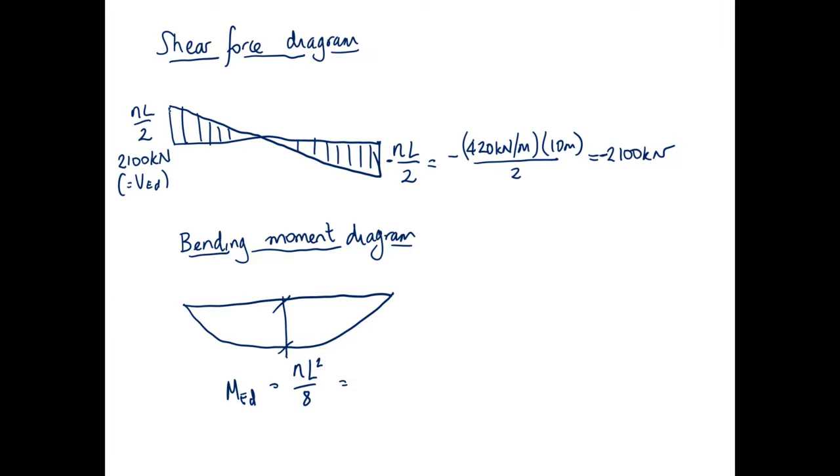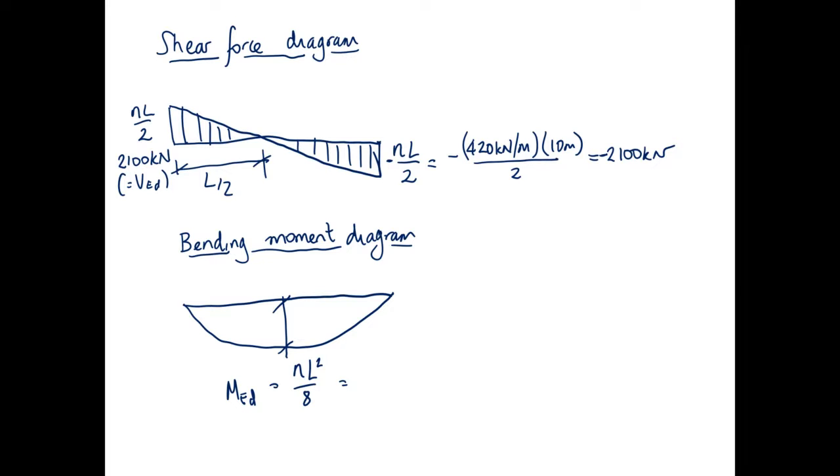Or if you get the area under that triangle, with L over 2 multiplied by L over 2, and a half of all that, that gives you wL squared over 8.